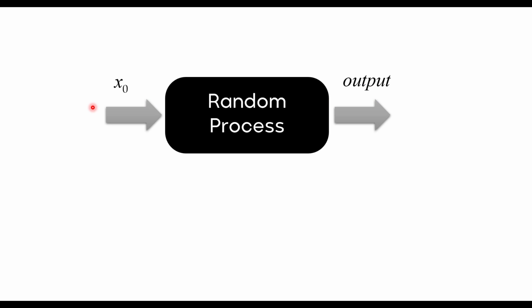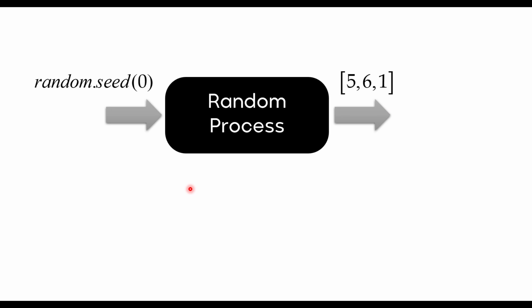And as long as you pass 0 to this algorithm, you are going to get the same output. But if you change the input, for example from 0 to 42, you are going to get different outputs. So as long as you pass the same input to this random process, you are going to get the same output.